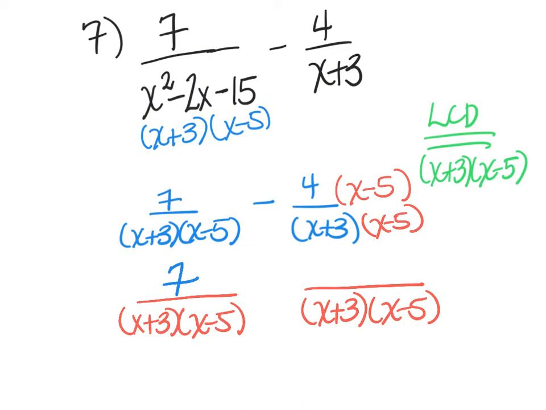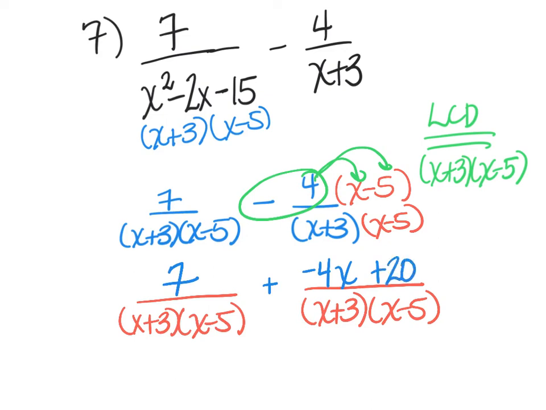I'm going to distribute this sign, -4, to both terms. And now that I use the negative, I can put a plus here. So now it's going to be -4 times x, which is -4x. -4 times -5 is positive 20.